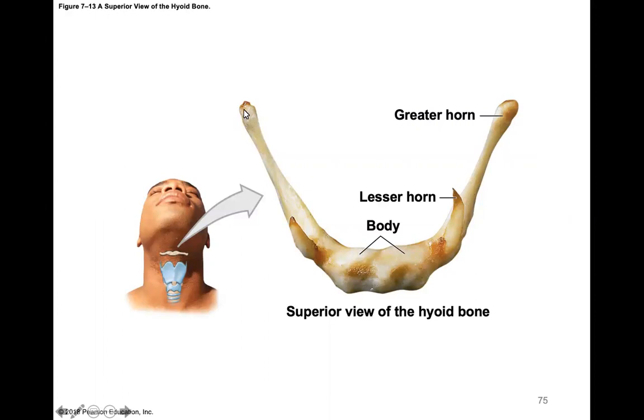And here is your hyoid bone right here. It's typically located right here. This is your larynx right here, your trachea here. So it's just above the larynx there.